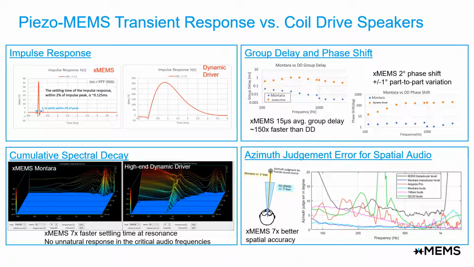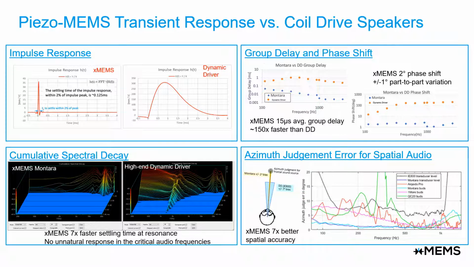And you can see that the dynamic driver is operating in the millisecond time, and the piezo-MEMS is in the microsecond time, so quite a bit faster response, which means more precise sound reproduction and much more well behaved in the time domain. So spatial realization, separation between instruments is really clearly represented.